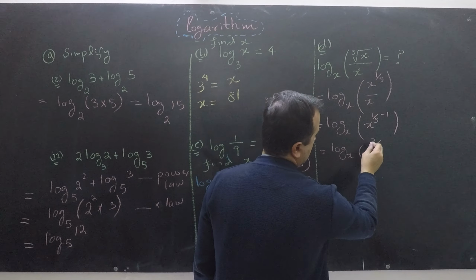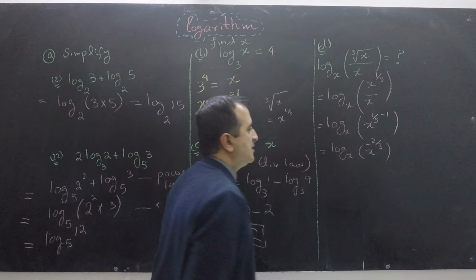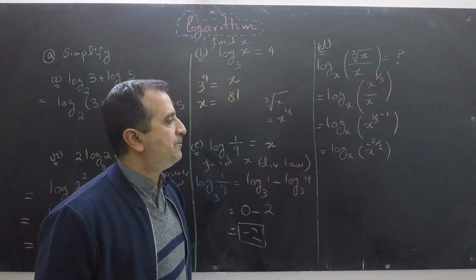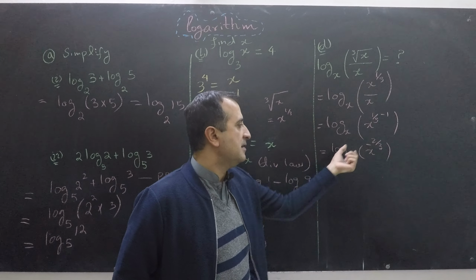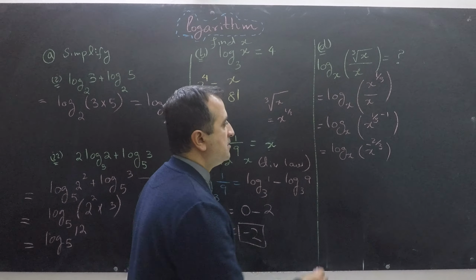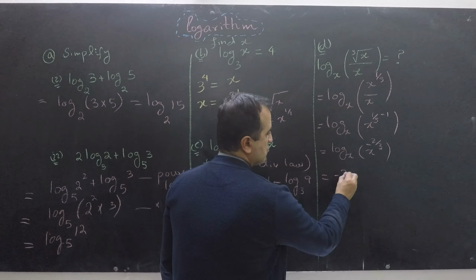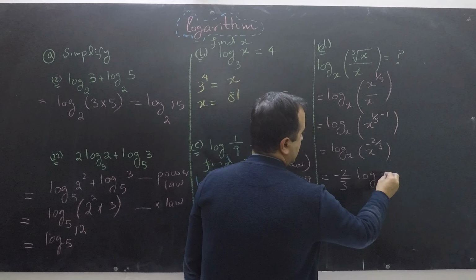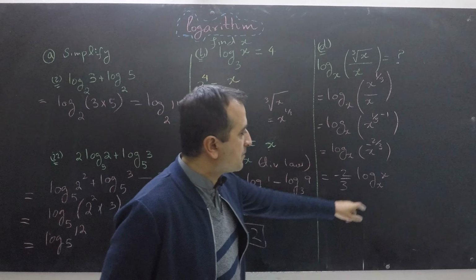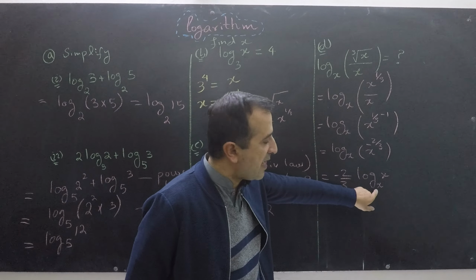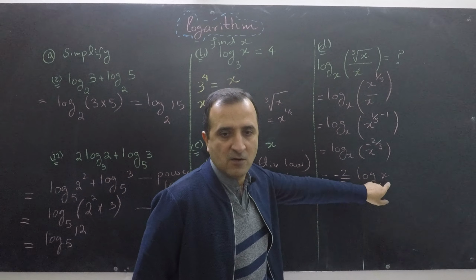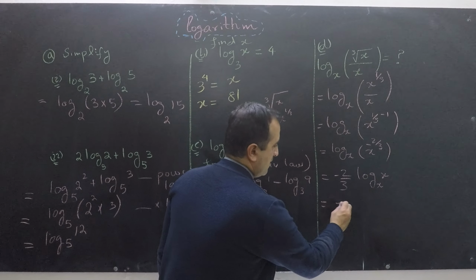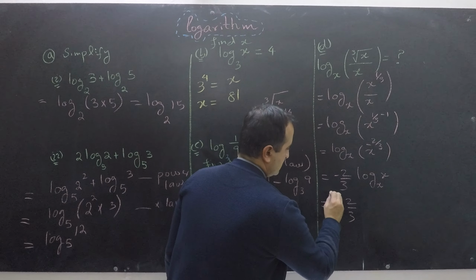Yeah, minus 2 over 3. And then because of the power rule, we can take this outside. So it is going to be minus 2 over 3 log x base x. It means what power on x will give you x? 1. So that means it's going to be equals to minus 2 over 3. And that's our answer.